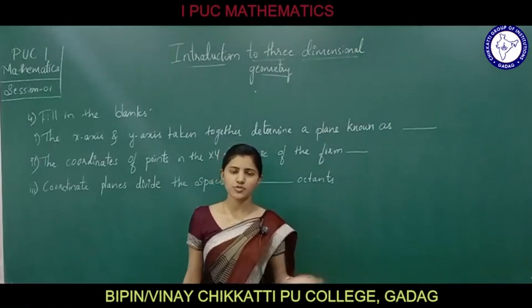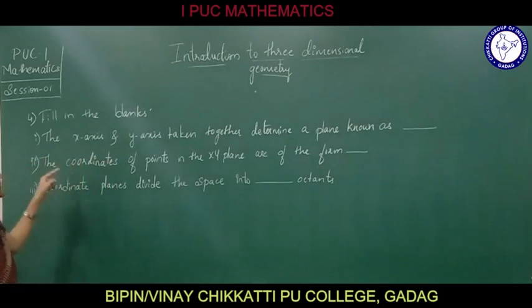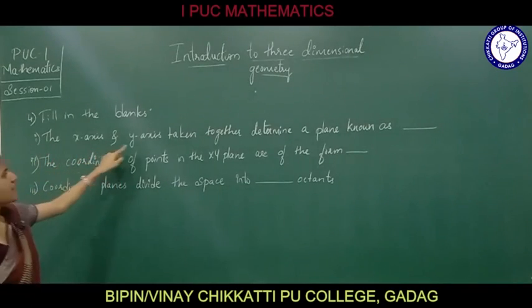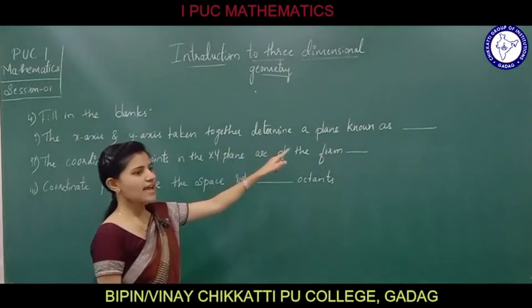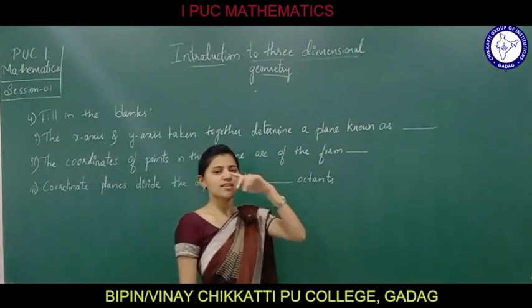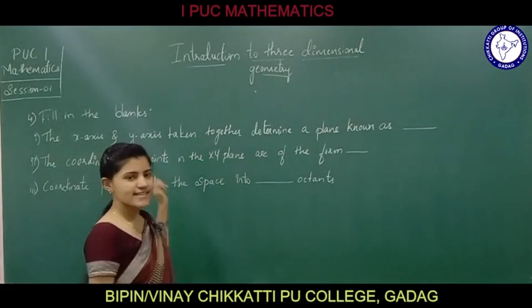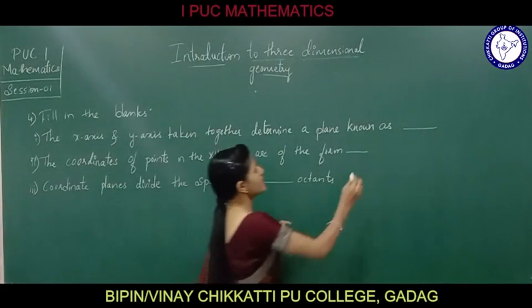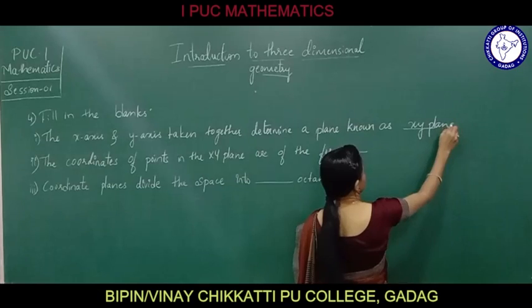Okay. Now let us move to the next part. Let us solve the fourth problem, which is fill in the blanks. The x-axis and y-axis taken together determine a plane, and what is it known as? If we have only two axes, the x-axis and y-axis taken together, then we say that as the xy plane.